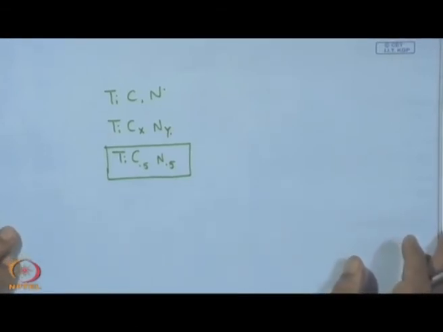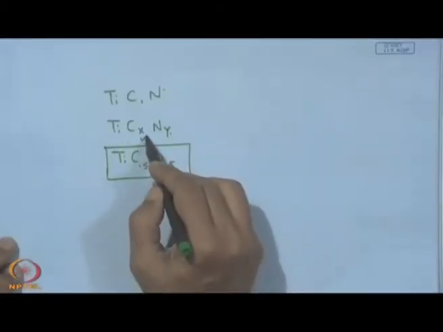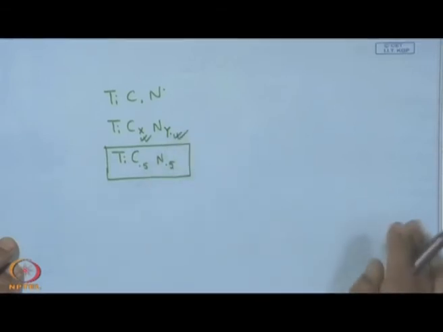That means, those organic materials which are used for deposition of this carbonitride coating, there we have to look at what is the basic composition of carbon and nitrogen, and that basic ratio of carbon and nitrogen present in the source material will also influence the final outcome in the values of x and y.